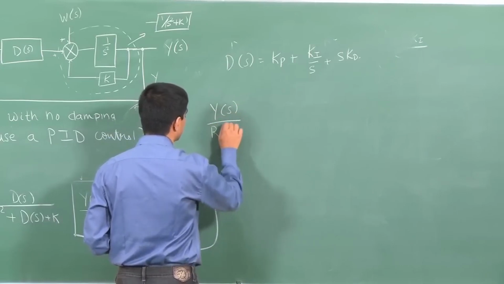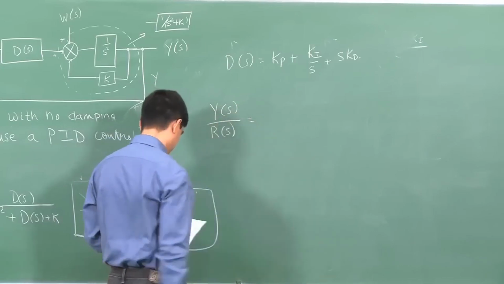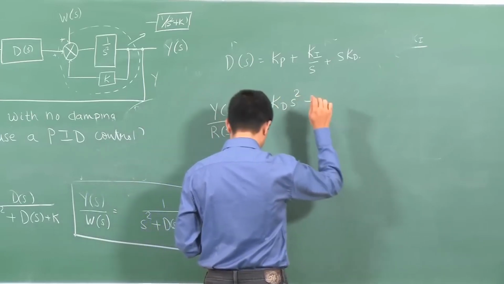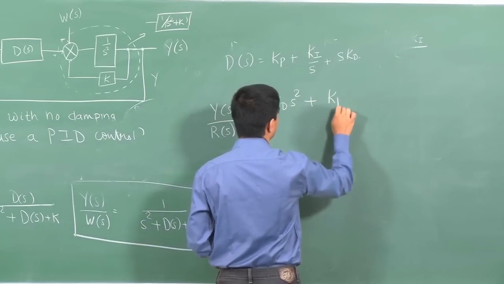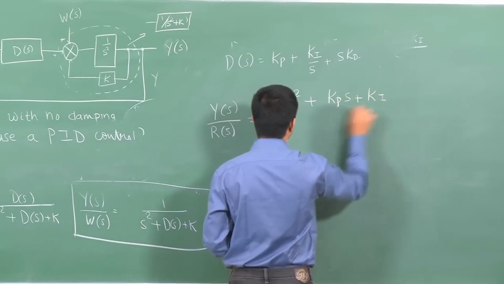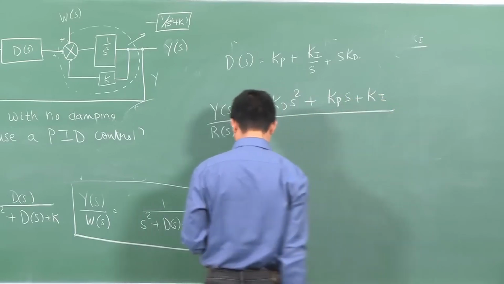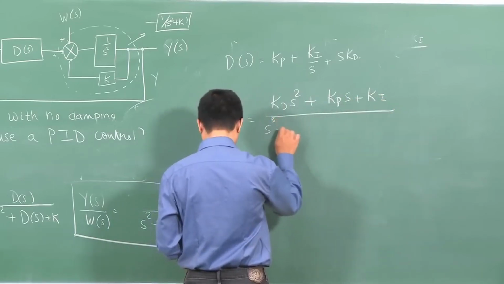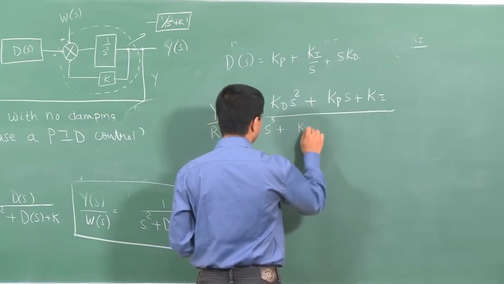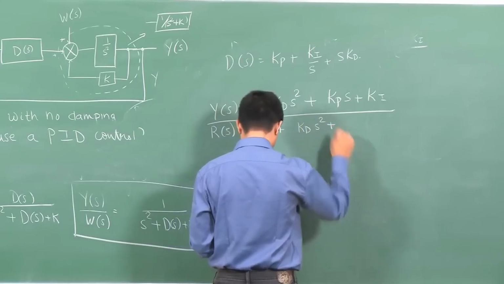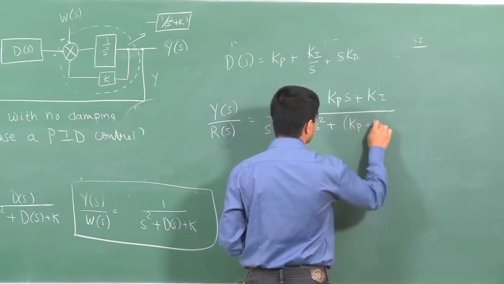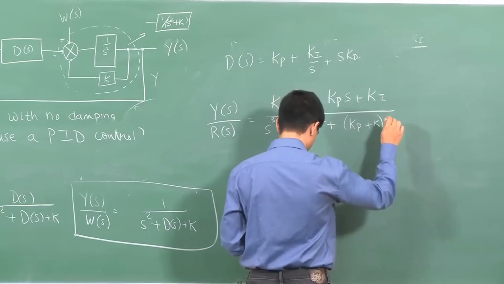Y(s) over R(s) becomes, I will just skip the computations and write down the end result, (Kd s square plus Kp s plus Ki) over (s cube plus Kd s square plus Kp plus K s plus Ki).